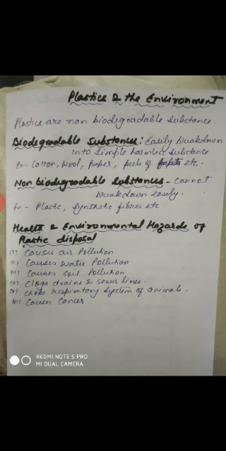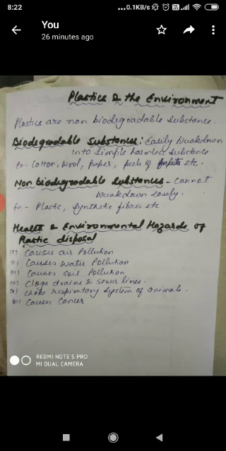Next, plastic chokes the respiratory and digestive tract of animals. How does it choke them? Animals eat food waste from the garbage dumps. What do we generally do? We wrap our food articles in plastic bags, poly bags, and throw them in the dustbin.